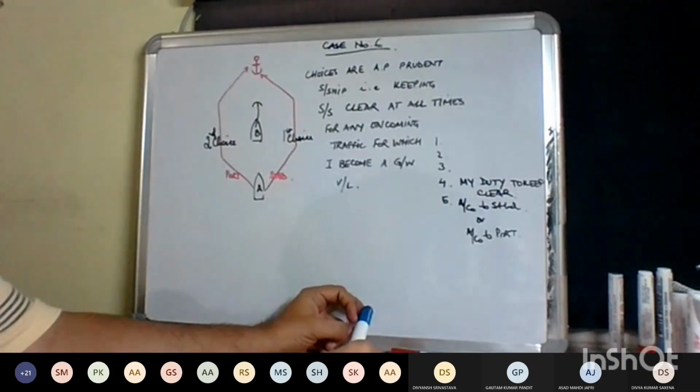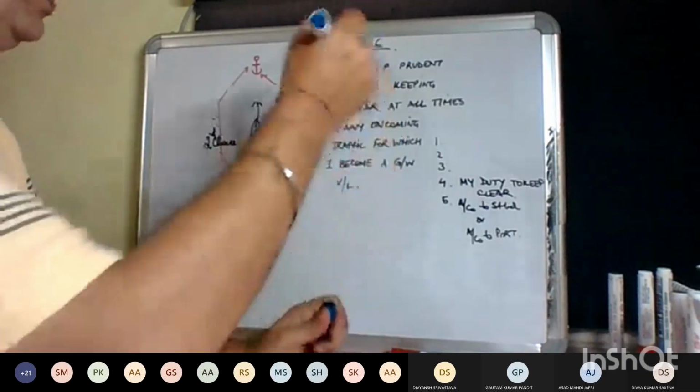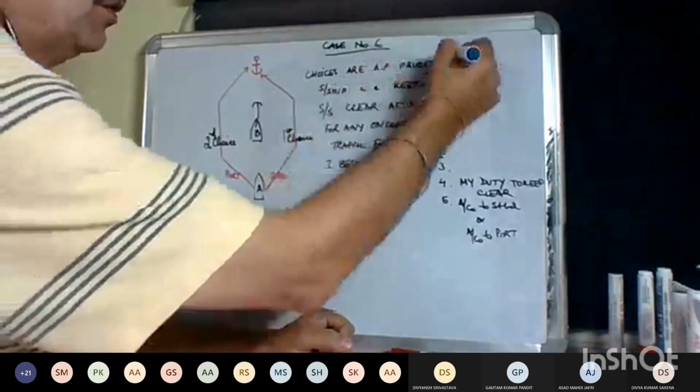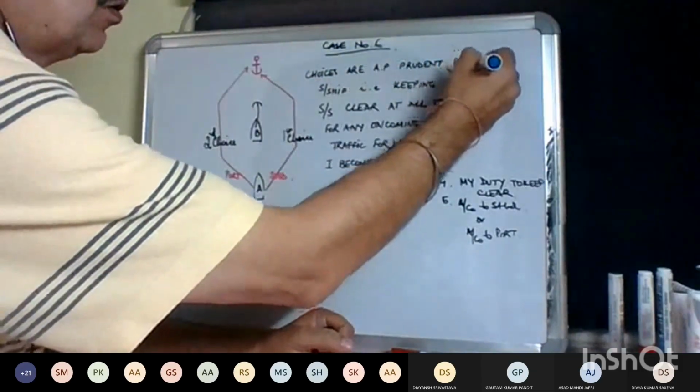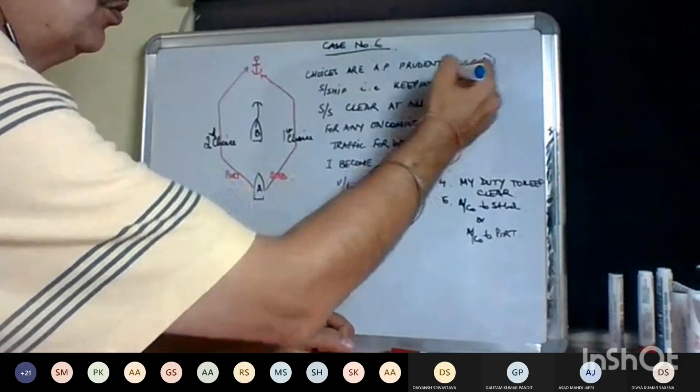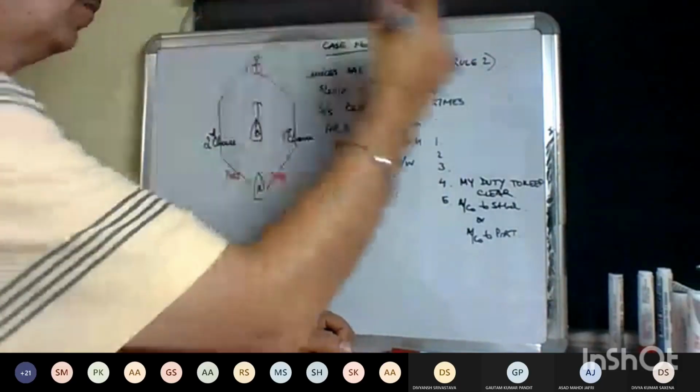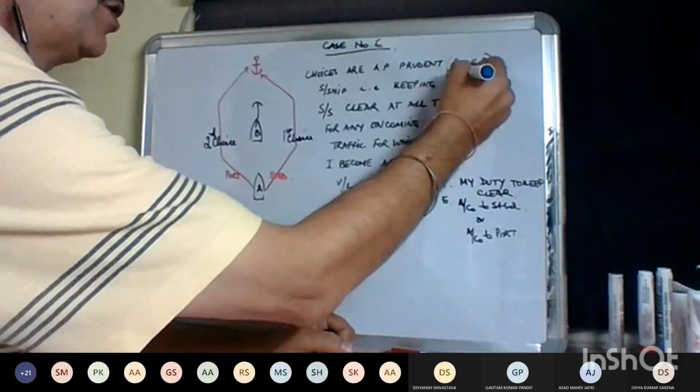So the choices are as per prudent seamanship, and this is as per Rule 2, Responsibility.